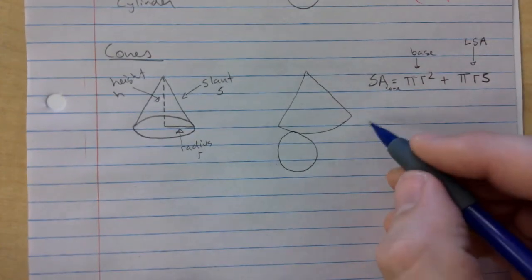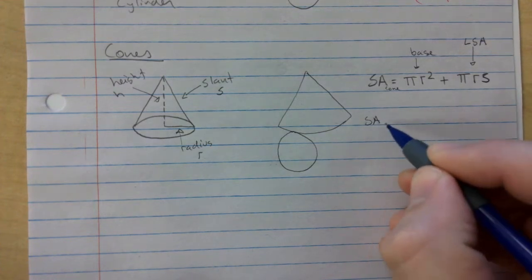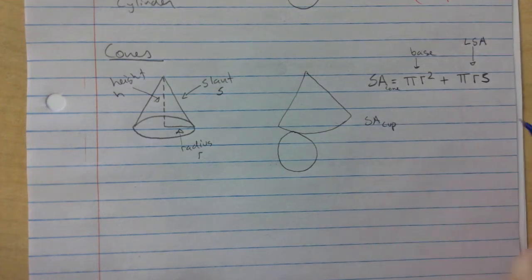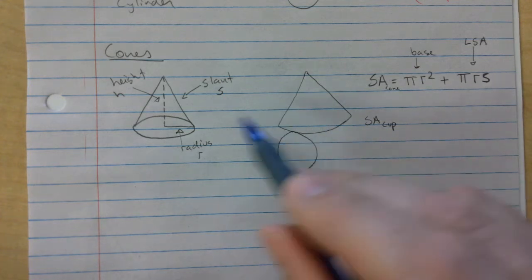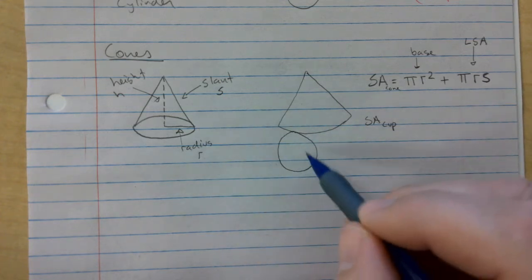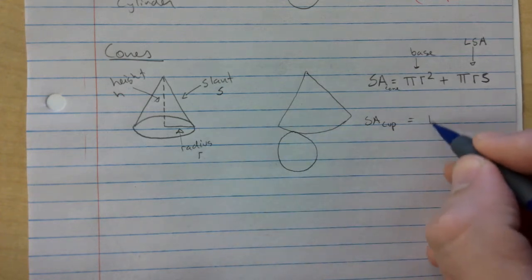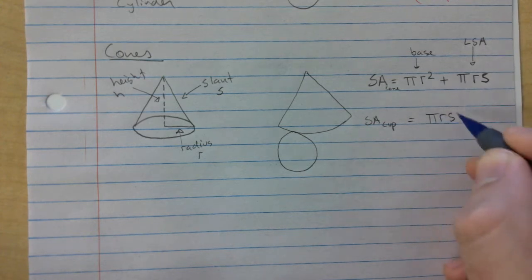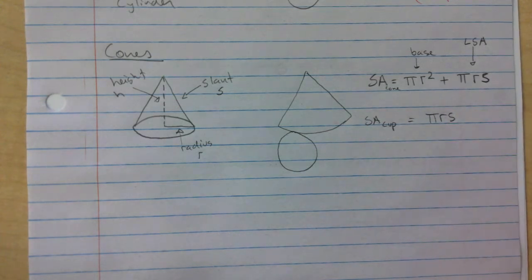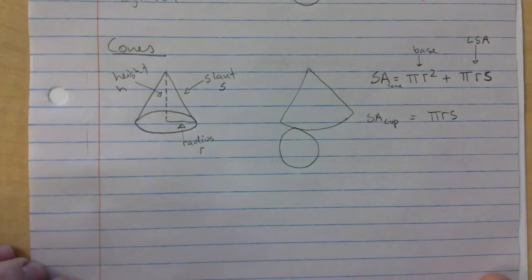So if they wanted a surface area of a cup, you know those paper cups, right, that you get sometimes that look like a cone, wouldn't have this part, right? It would just be pi r s. That's all. Like if they ask you how much material do you need to make that cup, it would just be pi r s. You would not include the base there. So you have to look at the word problem and determine from it what you need to do.